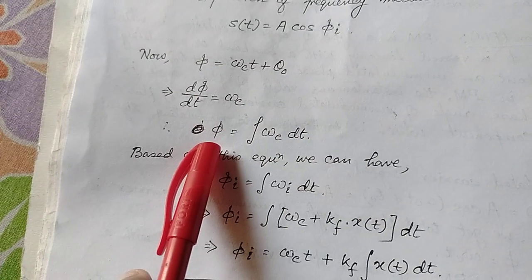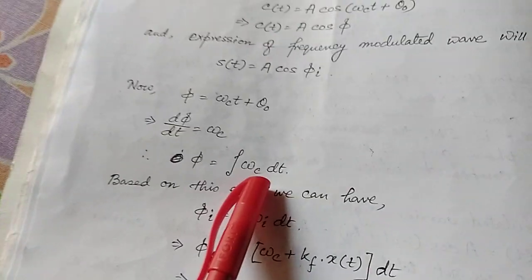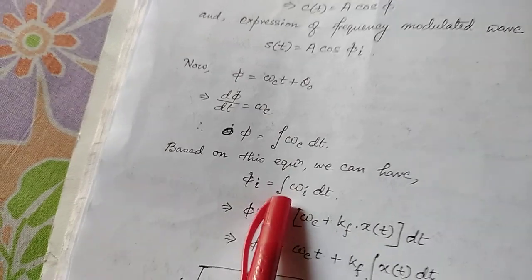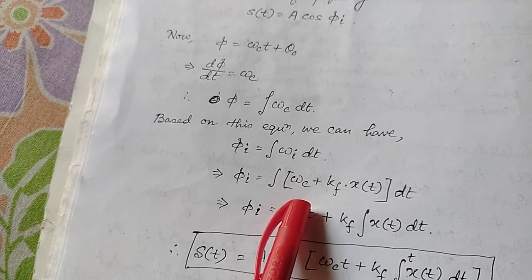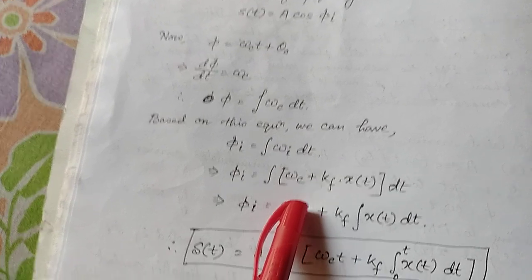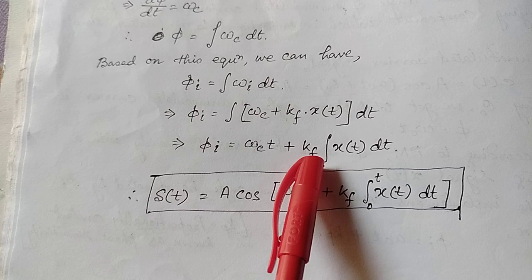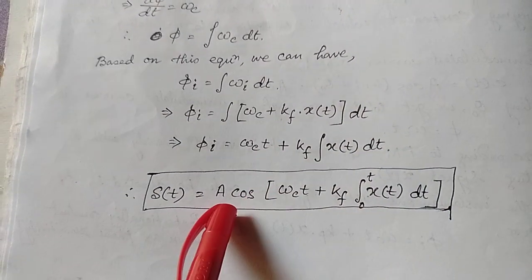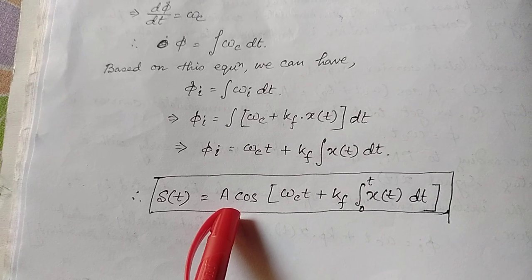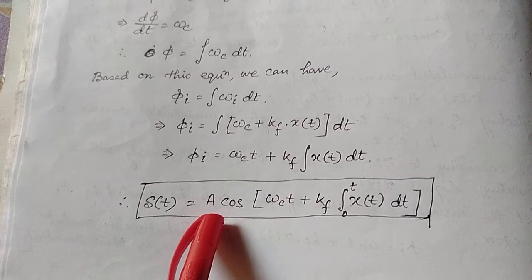So phi equals the integration of omega_c dt. So what is phi_i? Phi_i will be the integration of omega_i dt. So just putting the value of omega_i here, we can easily derive that phi_i equals omega_c t plus k_f times the integration of x(t) dt. So this is the expression of FM: A cos(omega_c t plus k_f integral of x(t) dt).